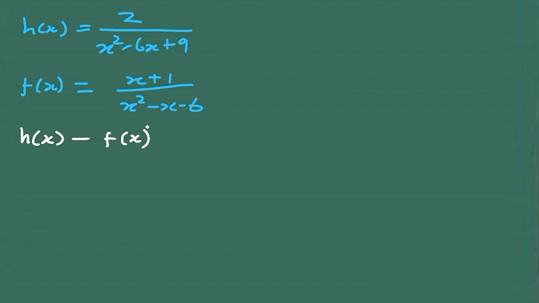That's what we are looking for. And let's take this one, 2 all divided by, this is going to give us a sum of negative 6 and a product of positive 9, and minus 3 times minus 3 will satisfy this condition.